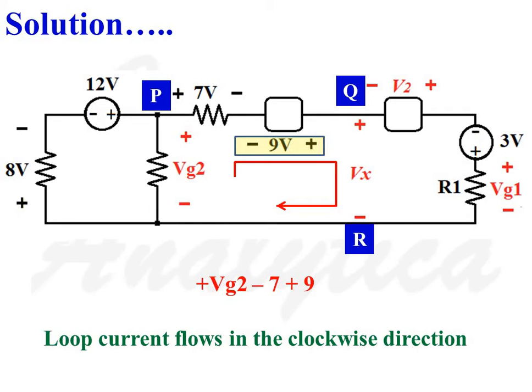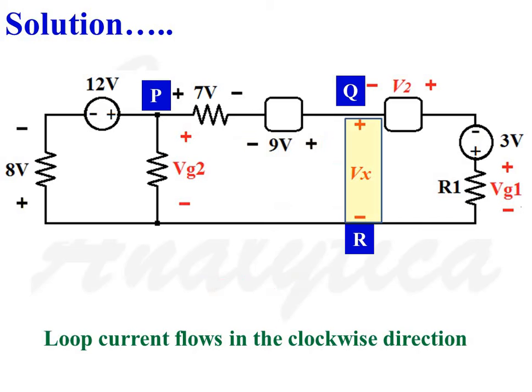Now considering the fourth term, Vx, in the clockwise direction, as we move from positive potential to negative potential, Vx should be taken as negative. So now the equation becomes plus Vg2 minus 7 plus 9 minus Vx is equal to 0.